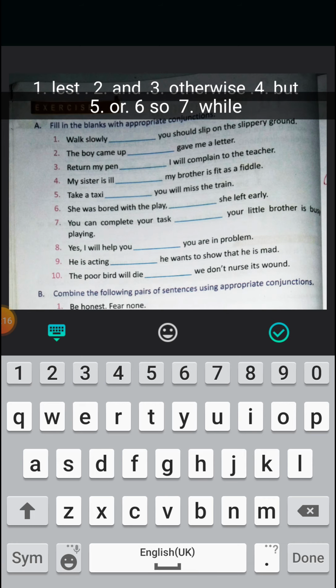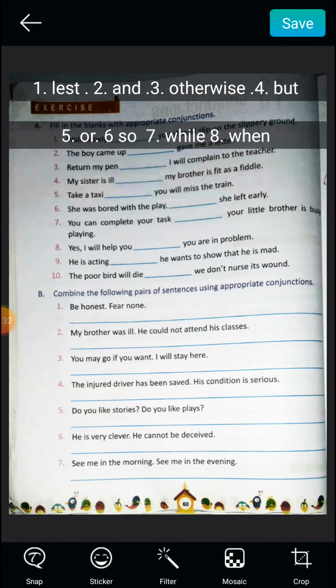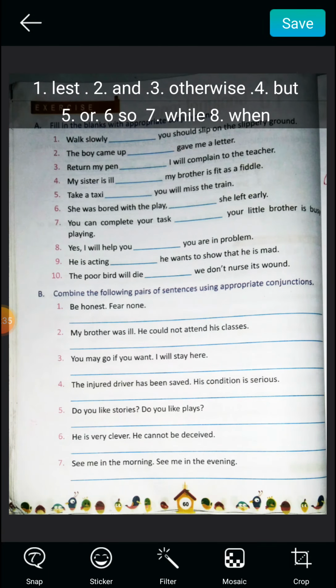In seventh use the conjunction while. Eighth one: yes I will help you dash you are in problem. Yes I will help you when you are in problem. Okay, so we have done with 8 also.